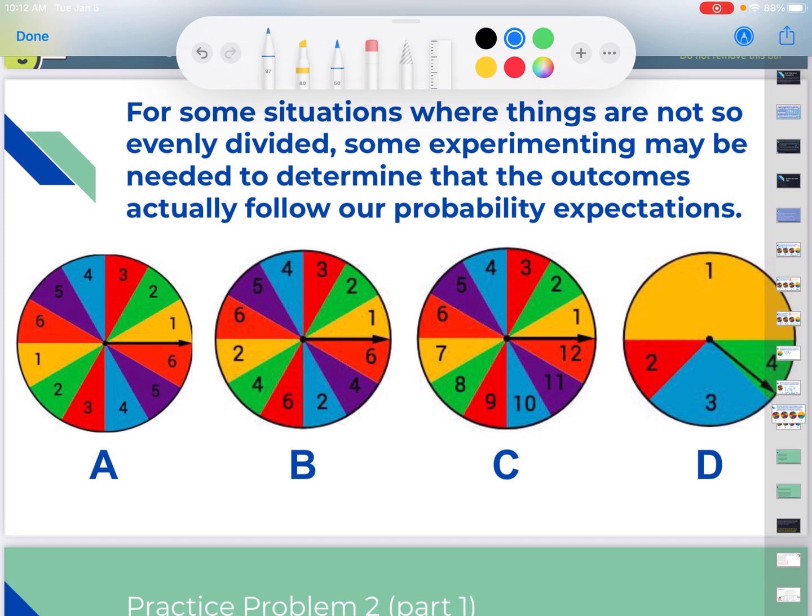So when you have spinners where the numbers aren't equally visible, or the sizes of the sections are not the same, you might need to do some experiments, or you might need to redivide your spinner like I did with my drawing tool to really see what the probability is.